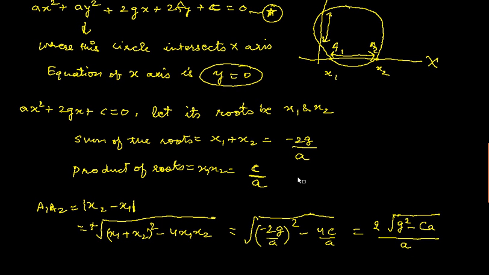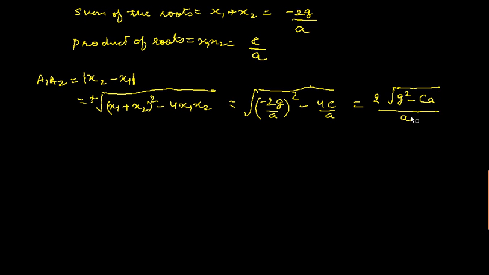Obviously a is not 0, otherwise this star is not a circle. If a is 0, then obviously this is not a circle, so a is not equal to 0. So this is the x-intercept which this circle star is making, right? Now we can make the cases when g square minus ca is greater than 0, then obviously we have a real intercept.